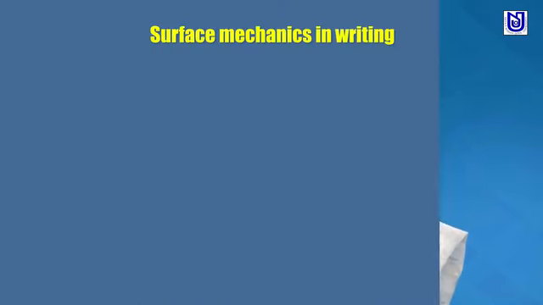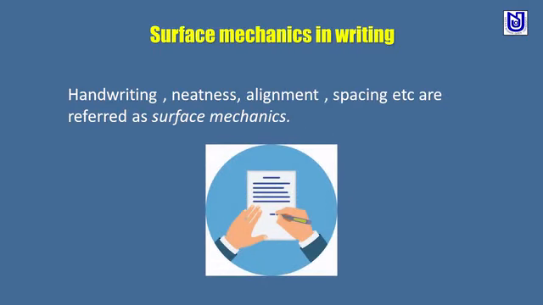You have cooked a good meal, but now it is time to present that meal. You are done with your work? Not really. What is left? Surface mechanics in writing. Handwriting, neatness, alignment, spacing, etc. are referred to as surface mechanics.